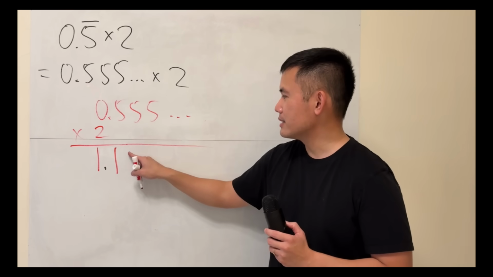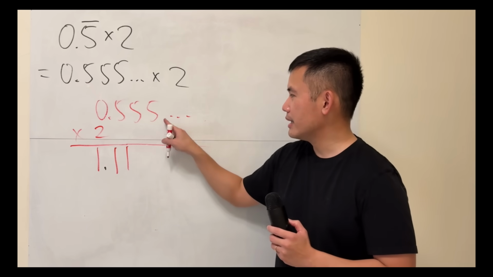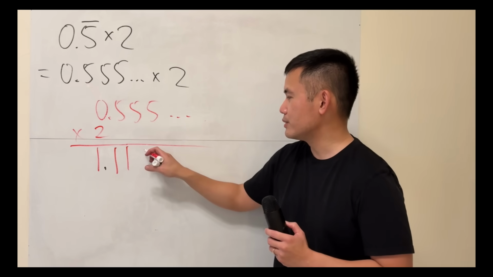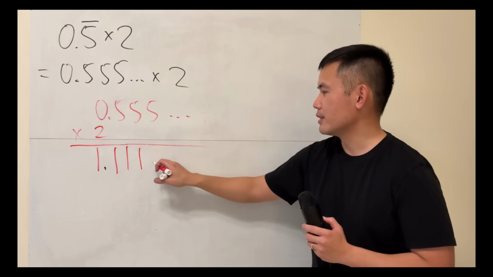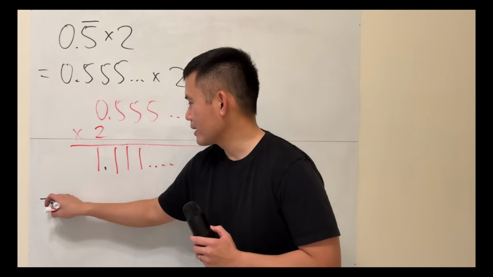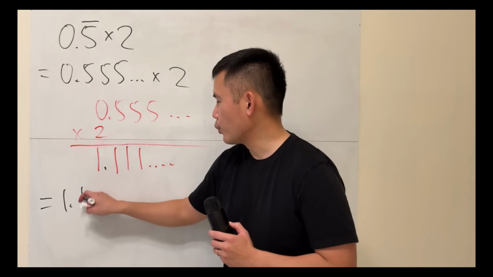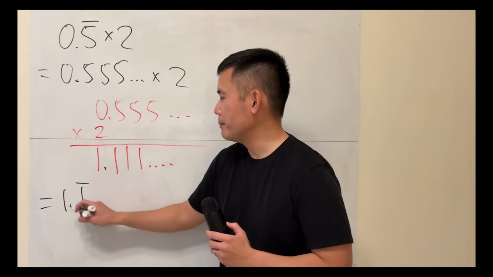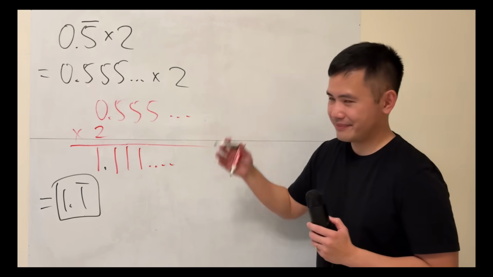And then 2 times this 5 is again 10, and then times 5 is 10, so on, so on, so on. Okay? So as you can see, this right here is 1.1 with this 1 being repeated. Just like that.